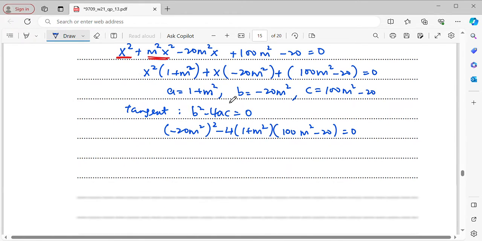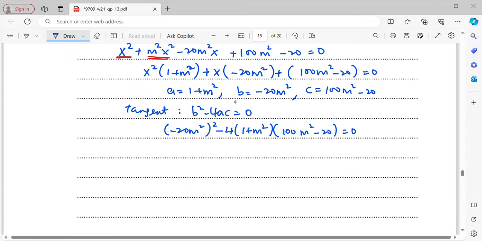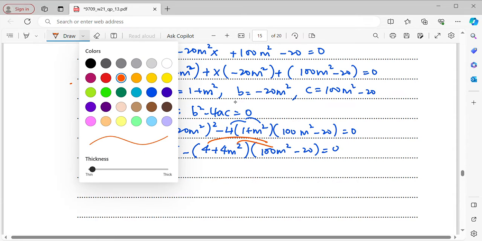Now, from here, when you do expansion again, it will be 400 m squared minus, this 4 I times in, so write a minus outside, 4 plus 4m squared multiply with 100m squared minus 20. Okay, and now further simplify or further expansion.